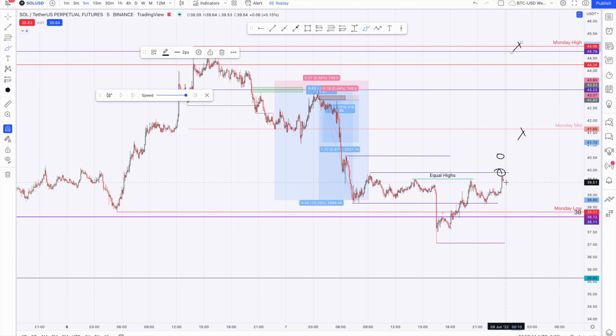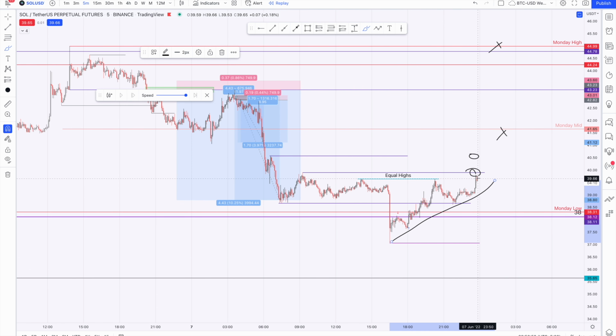All right, this is obviously the trend here. If we see a rejection here, come down, and a rejection from maybe some OB or an FVG, right? We go towards the Monday lows, below 38, and we start seeing rejections here.